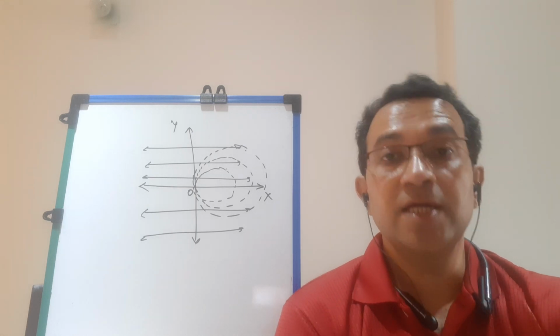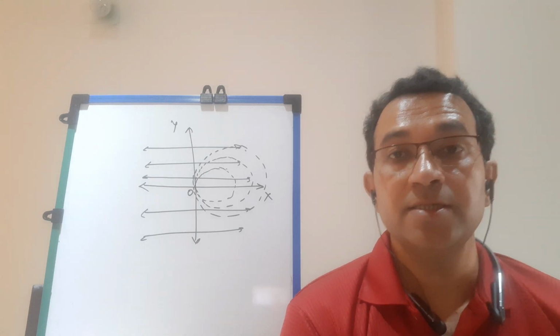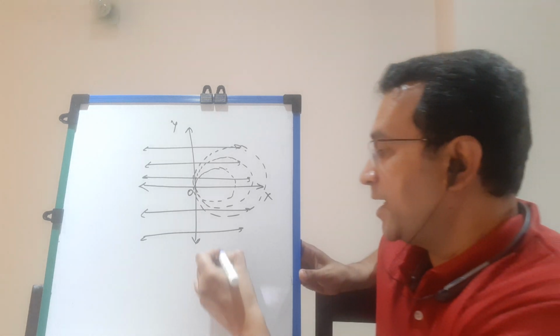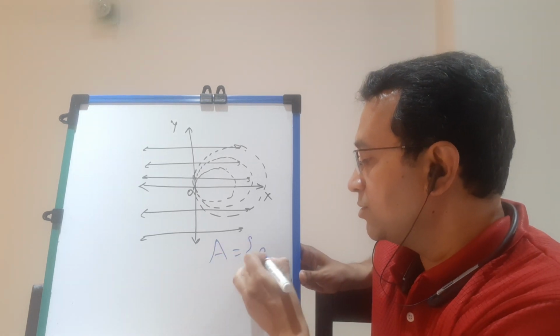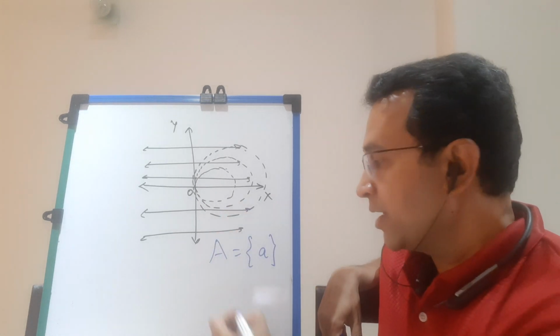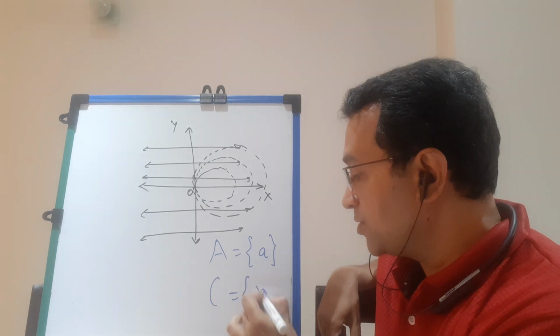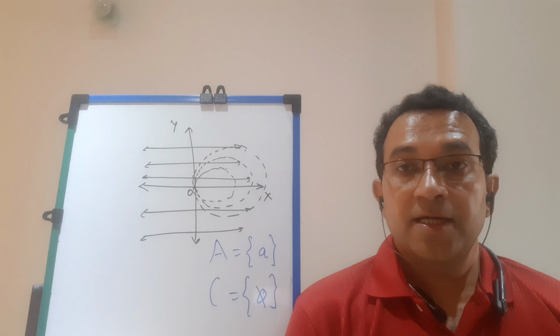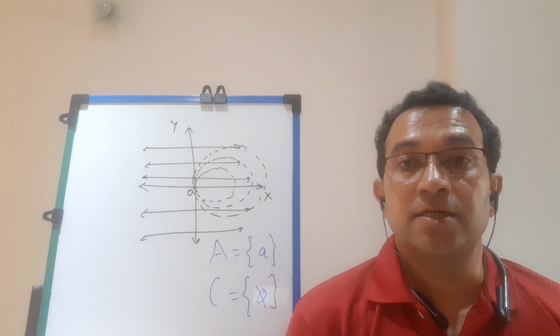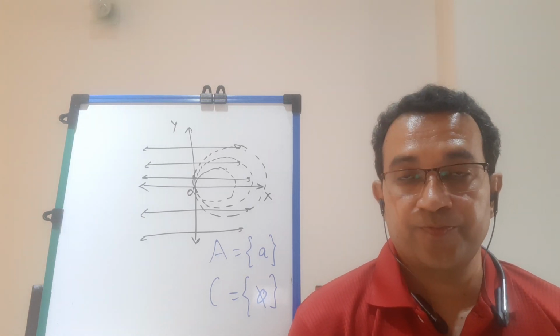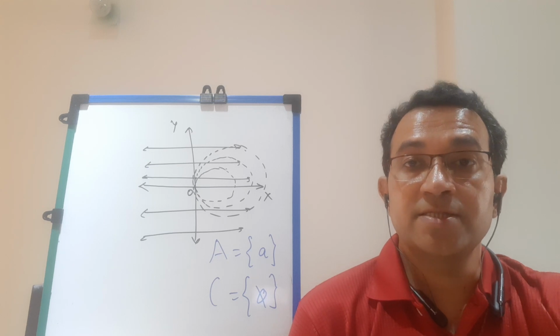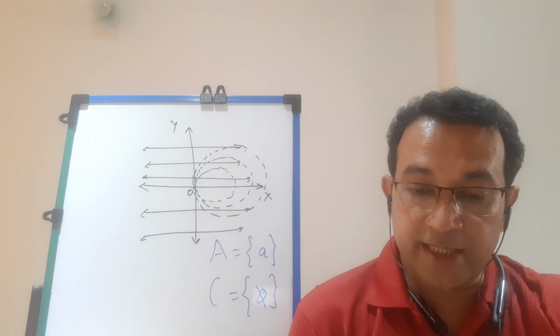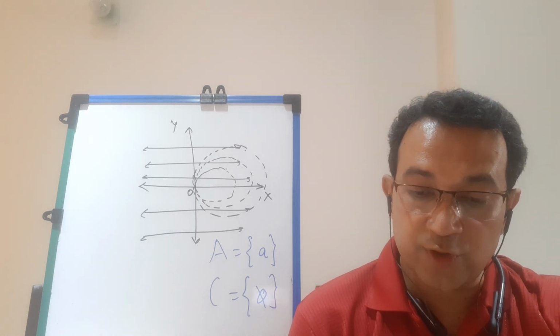A set having one element is called a singleton set. Suppose I write set A is equal to the set of element a, set C is equal to the set of element phi. So a set having one element is called a singleton set. We restrict our concepts to this topic up to exercise 1.2, question number 3.